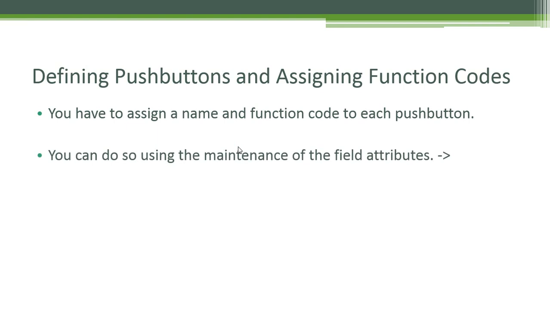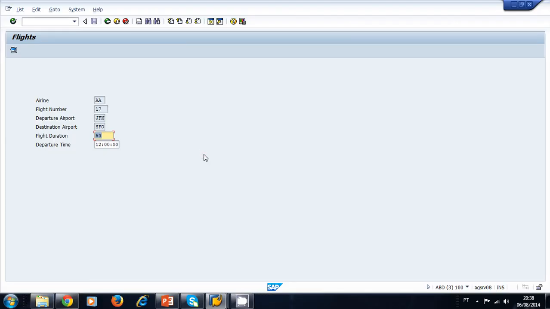You can do so using the maintenance of the field attributes. So let's assign function codes and let's create some push buttons in our screen. So in our program, we need to create two push buttons to go back.